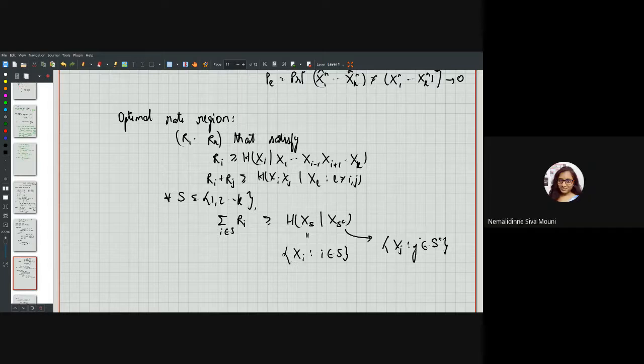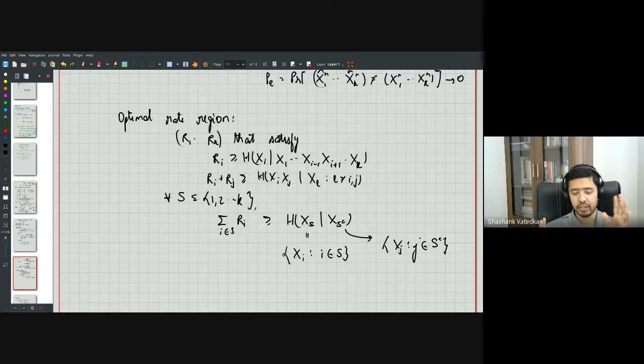So you fix a k. It doesn't matter whether k is 100, 1,000 or 10,000. But the assumption is that you fix k and then you let n tend to infinity. Because there are many problems in multi-user information theory, of more recent interest, related to communication problems rather than compression problems, where you have a very large number of users, and the number of users also scales with n.